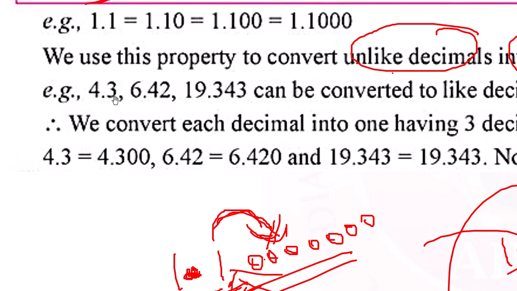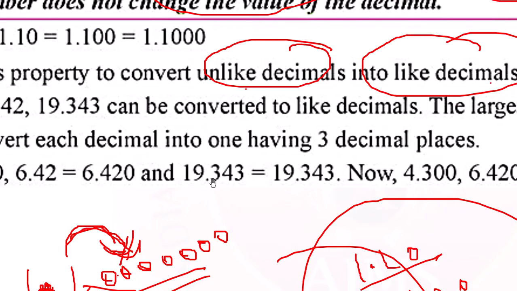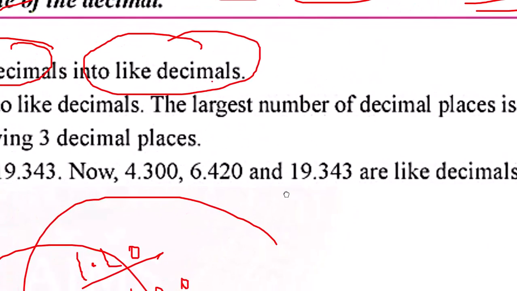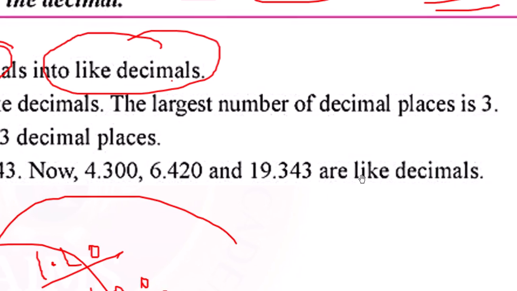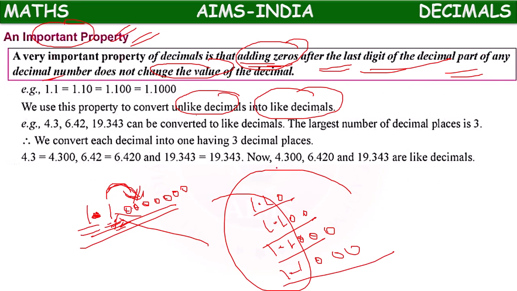So for 4.3, we can keep 2 zeros, so 3 places. For 6.42, we can keep 1 zero, 3 places. 19.343 already has 3 places. Now 4.300, 6.420, 19.343, all three have 3 decimal places. So they are like decimals.